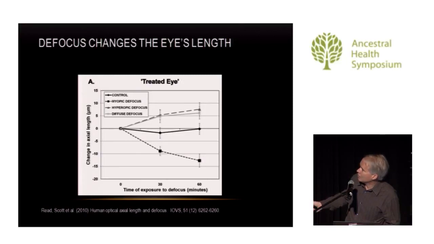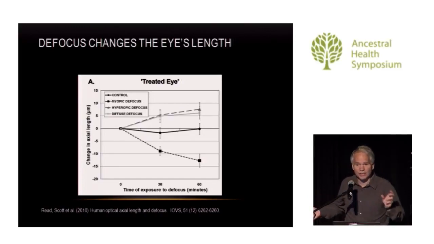And here, in just the course of an hour, the length of the eye has increased by more than 5 millimeters, which is significant because the eye is only 25 millimeters long. On the other hand, if you put a plus lens in front of the eye, over the course of an hour, it will shrink, right, by about 10 millimeters. And if you just put a neutral lens on, there's no change.